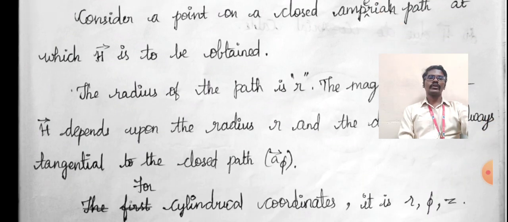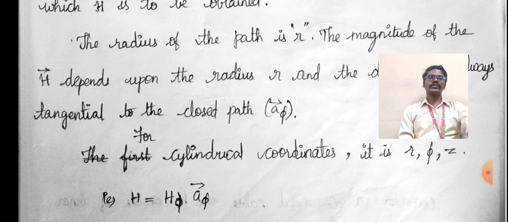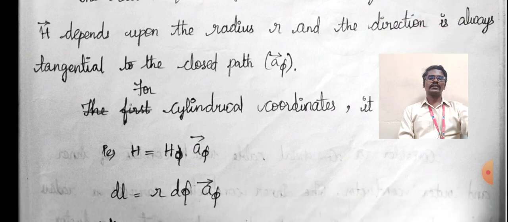Now we consider the cylindrical coordinates r, phi, z. First we have to find H. H in vector form is H equal to h phi into a phi, and similarly dl is equal to r d phi into a phi.